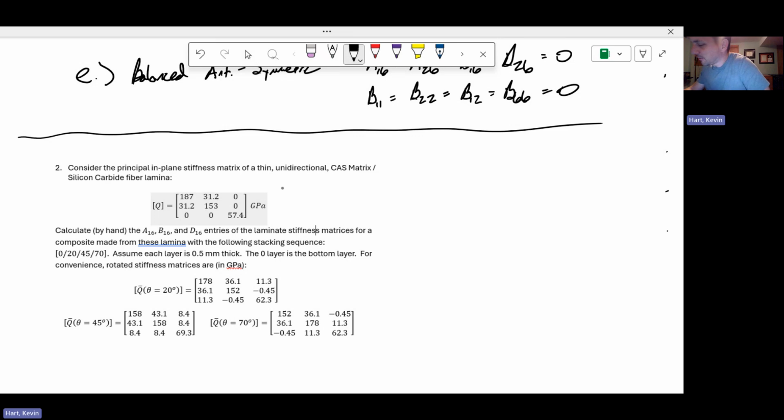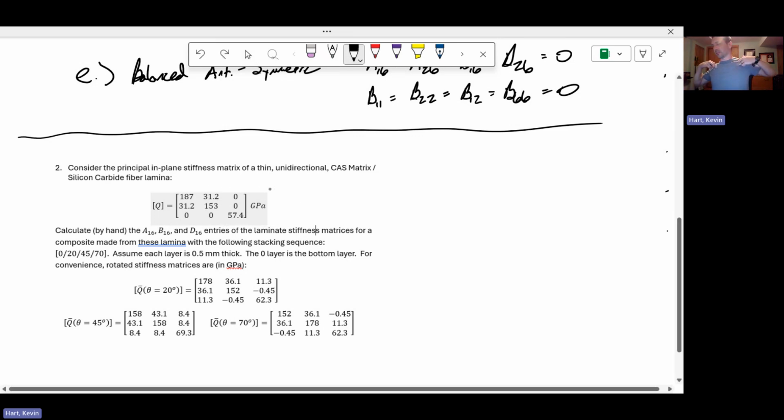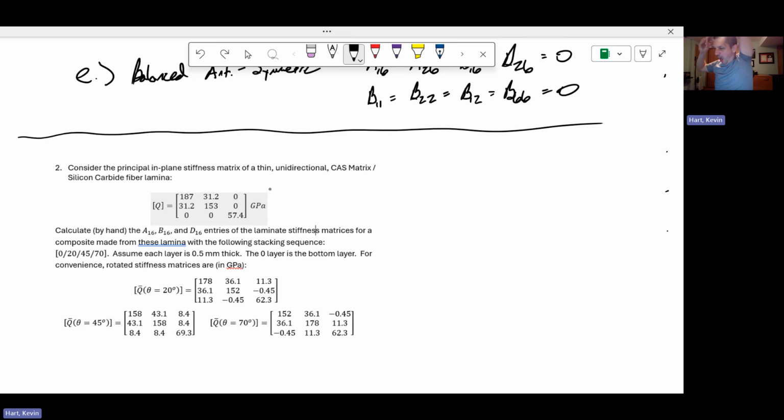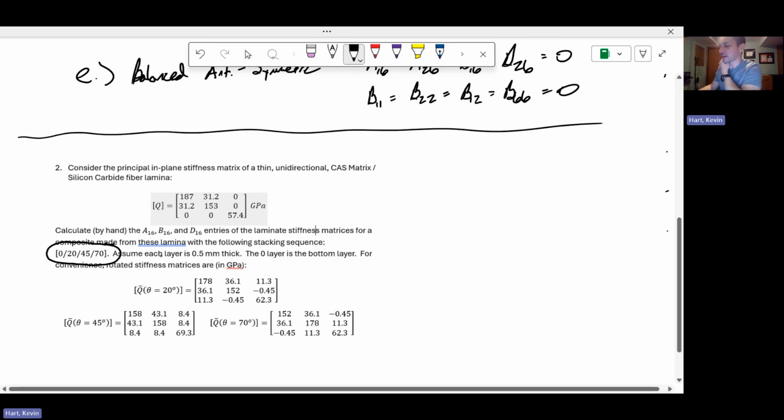So here's the stiffness matrix of a single layer, in principal material directions. Calculate by hand the 16 entries of the A matrix, the B matrix, and the D matrix for a composite made from these lamina with the following stacking sequence: 0, 20, 45, 70. A very odd stacking sequence, but okay, it is what it is.